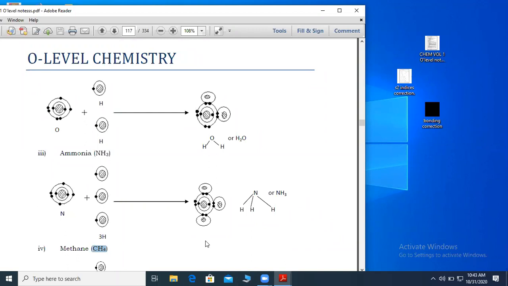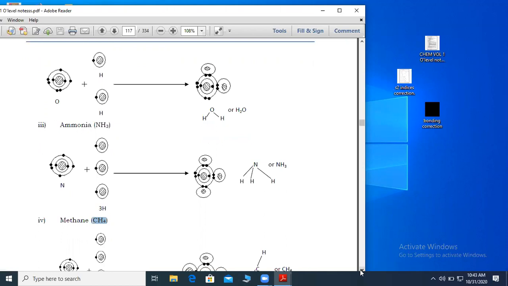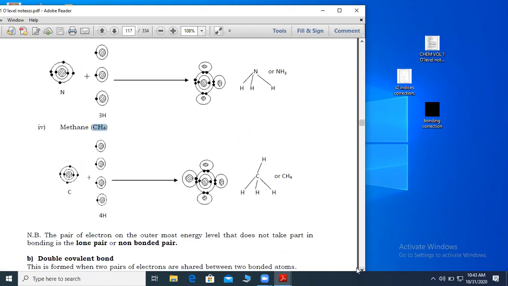So who can tell me how a compound will be formed between carbon and hydrogen? I expected you to be doing something there.